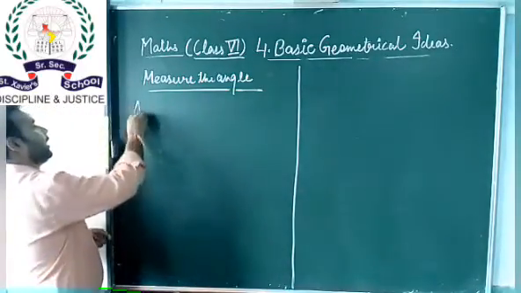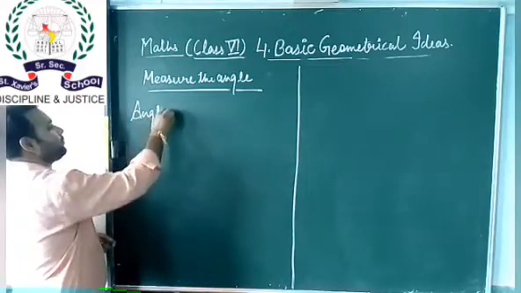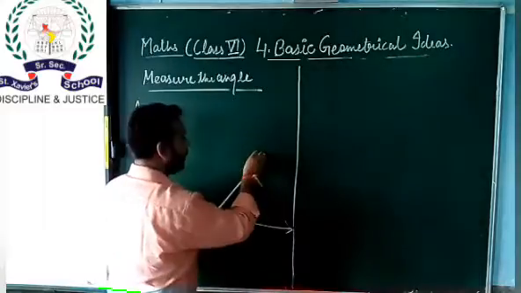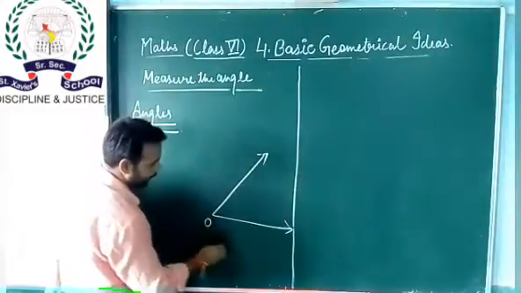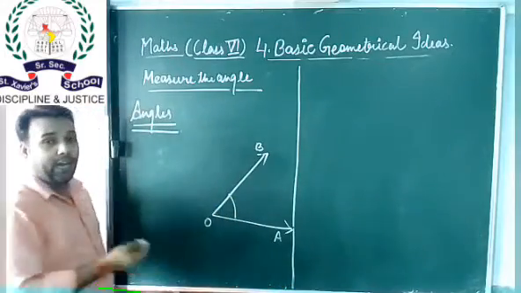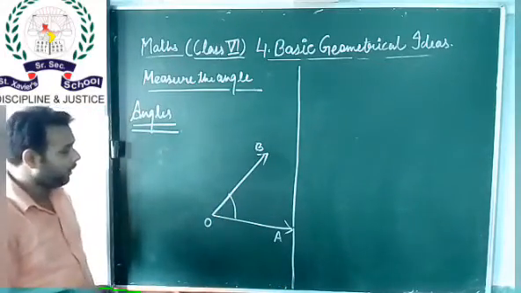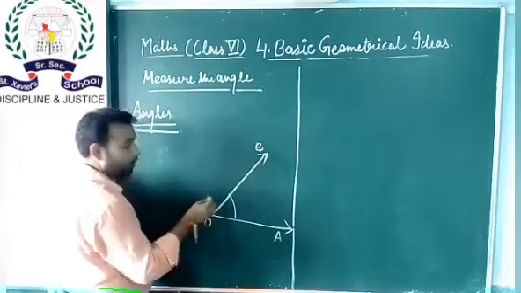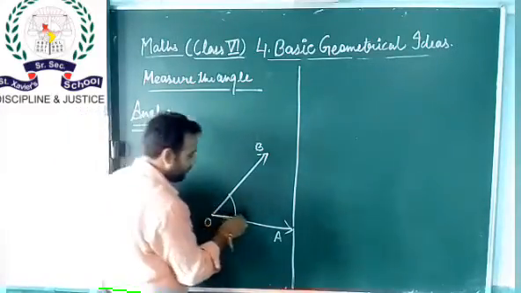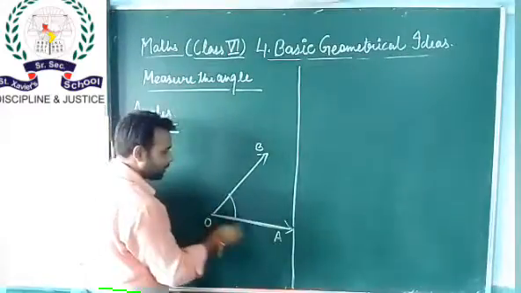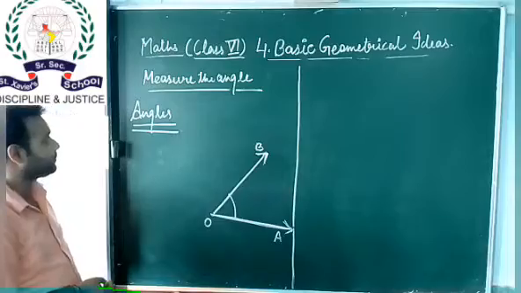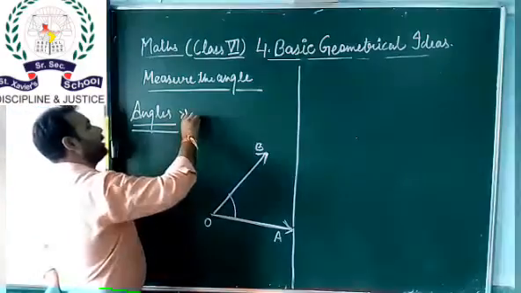And check what angles are. Suppose two lines OA and OB stand like that. OA and OB have a common point between them and a common vertex also, and the common vertex is O. OA and OB are called the arms of the angle.